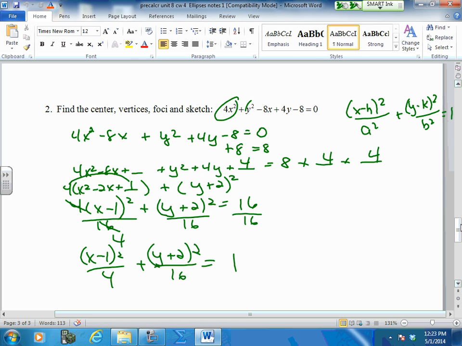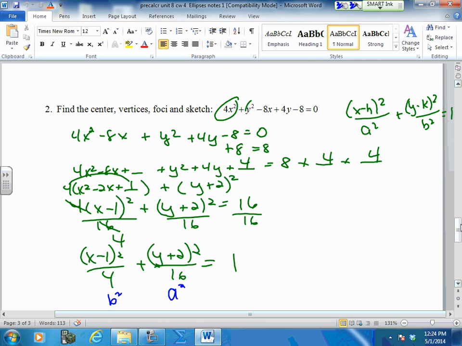There is your equation for your ellipse. So we divide by 16, and 4 goes into 16 4 times. Now we just got the equation. Now we begin where we left off before. 16 would be your a squared.